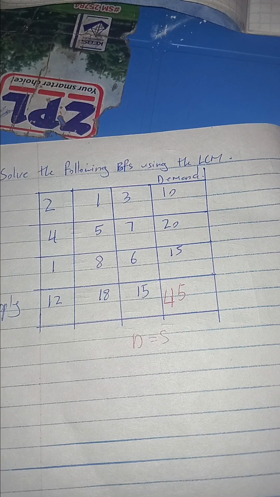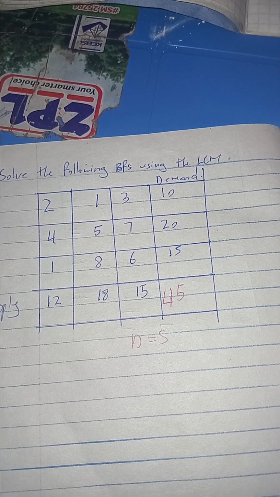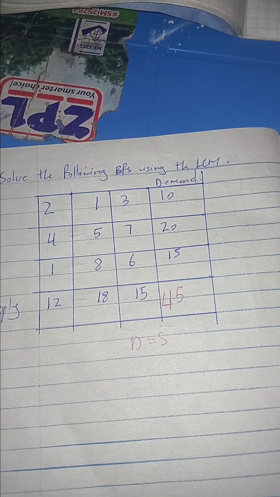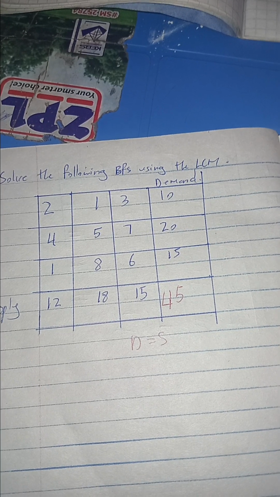And if the least cost is not unique, we have to check on the demand side and use the one with the maximum demand first before we move to the next. Now, that's guideline number one. Guideline number two: if the supply is exhausted, we cross off and adjust the demand. And if the demand is exhausted, we cross off and adjust the supply. Having that, we go back to step one and continue with the same procedure.